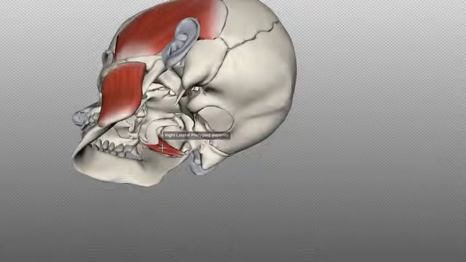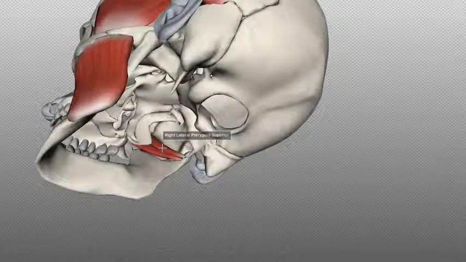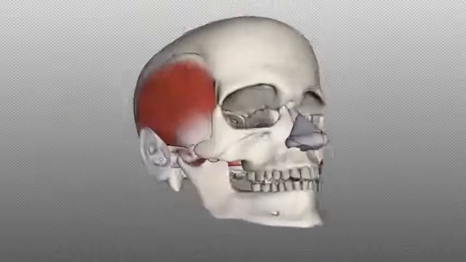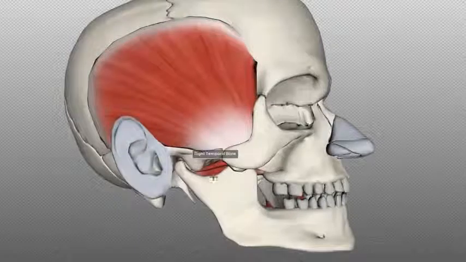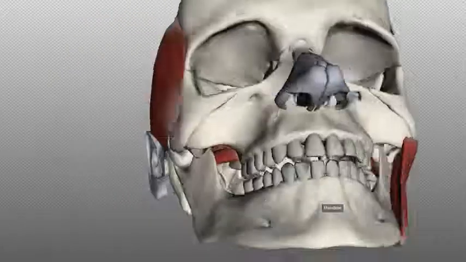Unfortunately, this model doesn't actually have the medial pterygoid muscles. So what we're looking at here is the lateral pterygoid muscles. If I show you from the outside, you can see how they sit underneath the mandible on the interior surface. So just swing it around again.